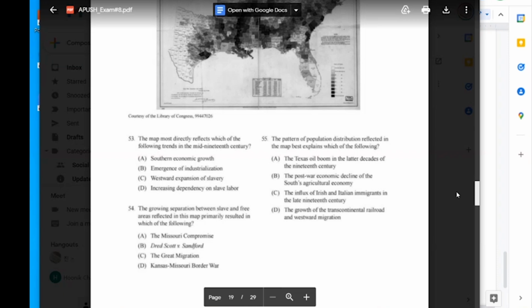So last question, 55. I got D. D as in dog? Yes. Actually, Western populations are not presented in the map, so it's not likely that D will be the answer.